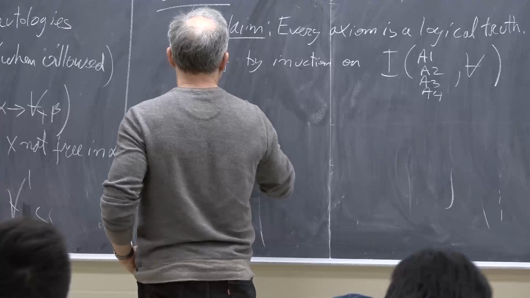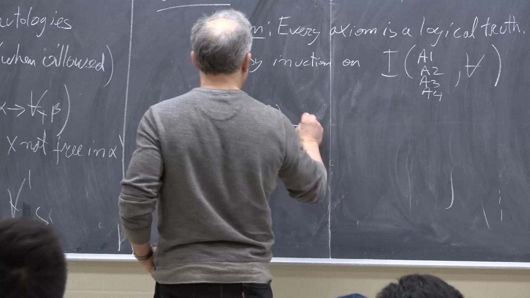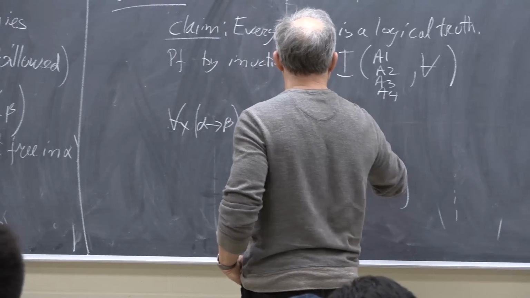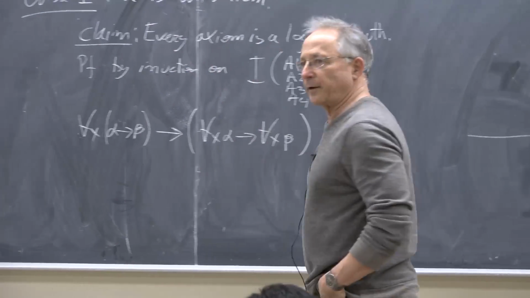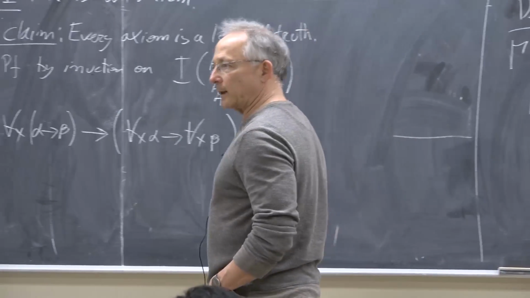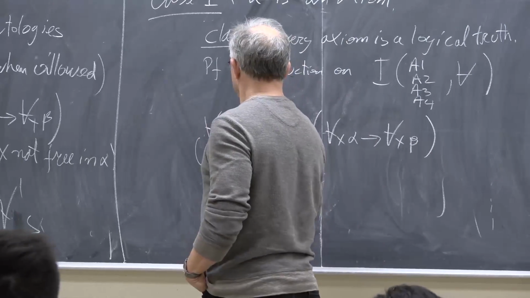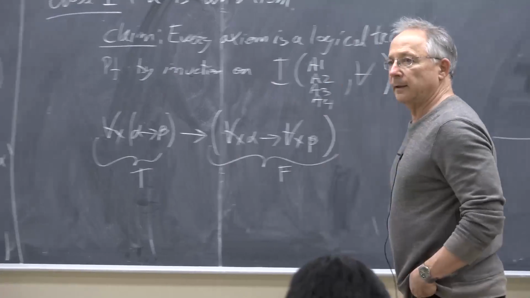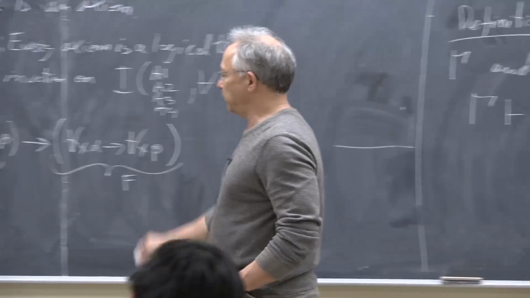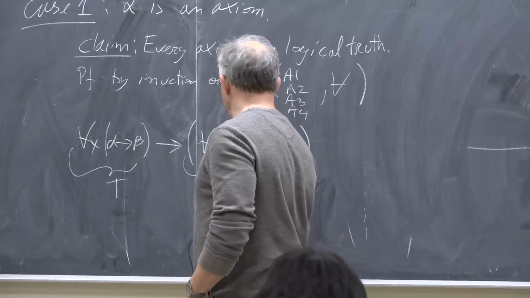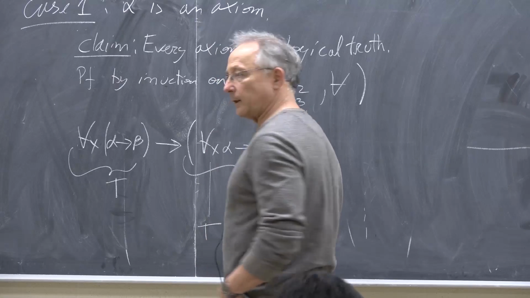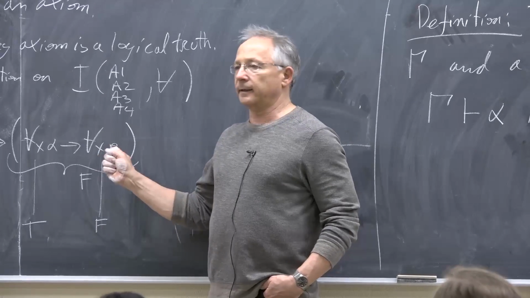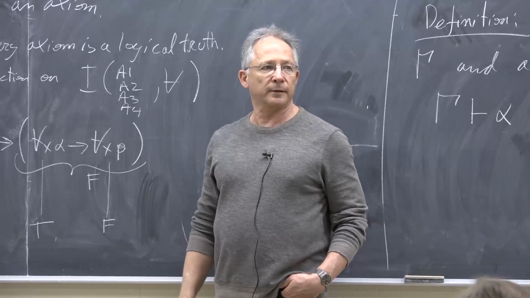For all X, alpha arrows beta, arrows for all X alpha arrows for all X beta. Let us assume that this fails. So in order for this to fail, we need to get true here, and we need to get false here. So in order to get false here, I need to get true here and false here. And when does for all X beta fail in the structure?